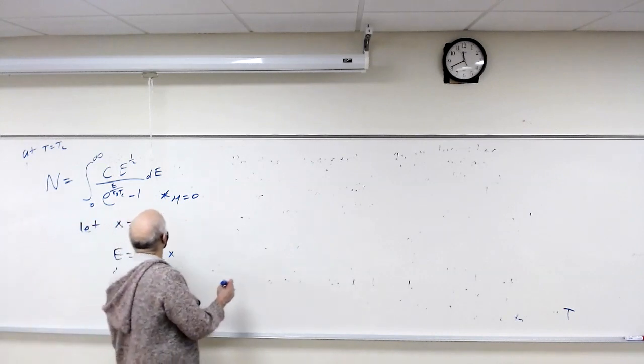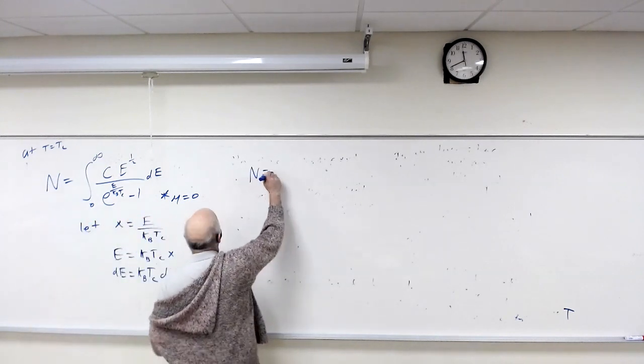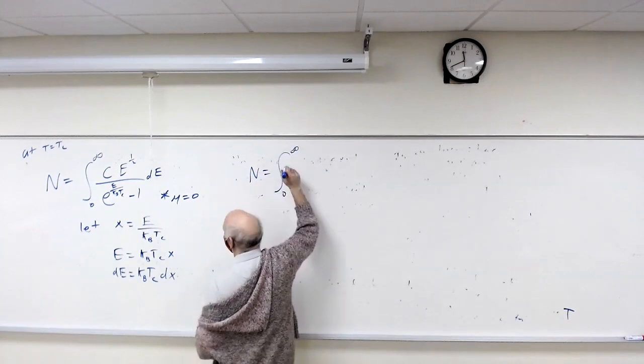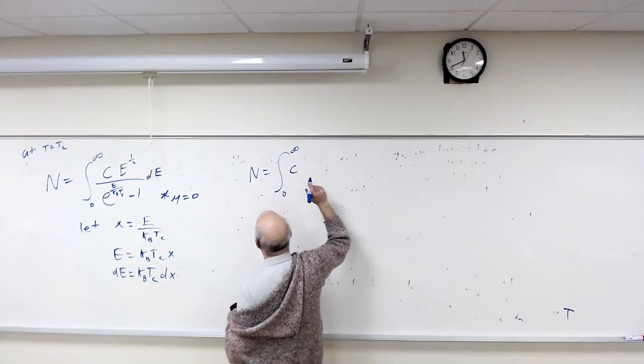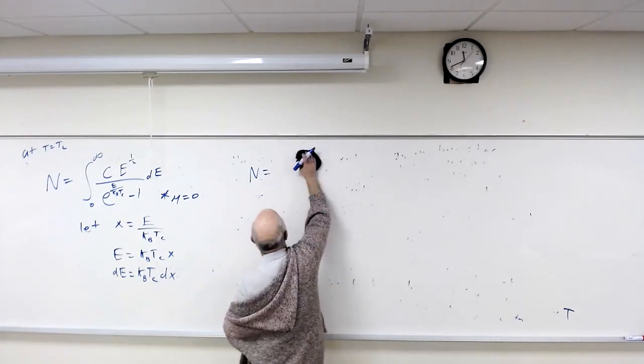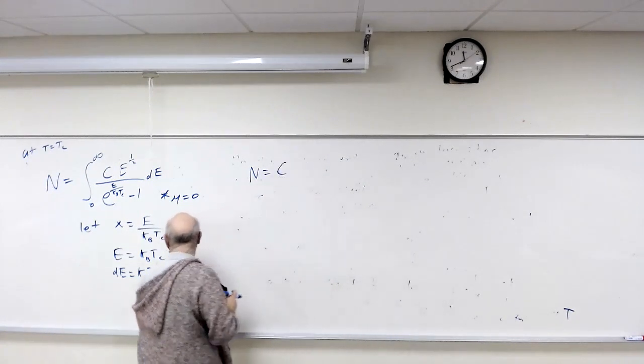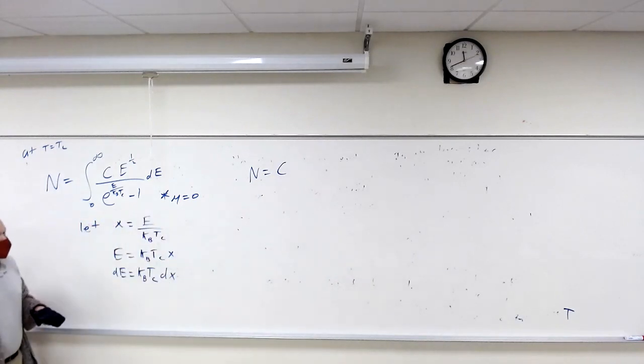If we put this all in here, what do we get? We get n equals, from 0 to infinity, the C. Let's pull out things, so I can pull out the C. How many factors of kBTc do I have? 3 halves.